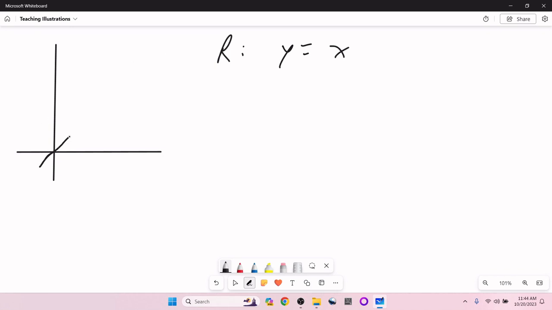So, how do we do this? Well, that's not a straight line. Let us first figure out what R is. We said we've got y equals x, so that's this line. I got y equals 8 minus x, so that's this line.